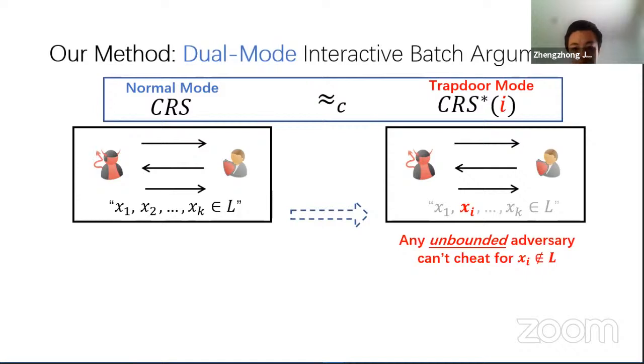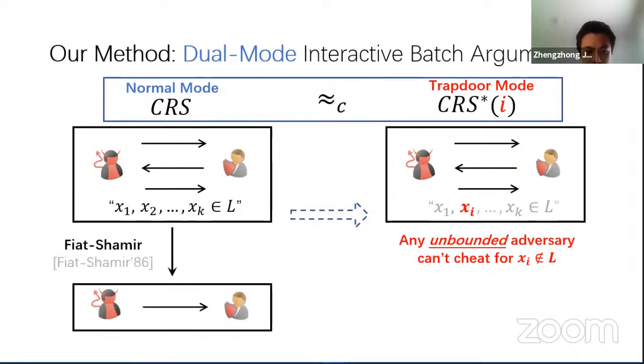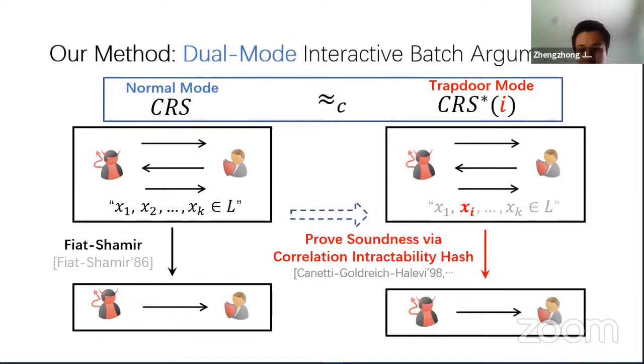It means that for any unbounded adversary, it cannot cheat for any xi that is not in this language. Then we apply the Fiat-Shamir to this interactive protocol by using the correlation intractable hash. And in the soundness proof, we use the property of correlation intractability to prove the soundness.